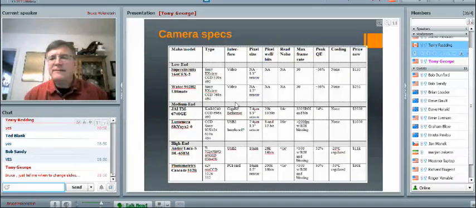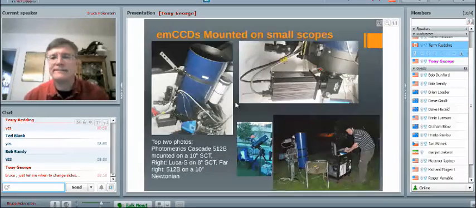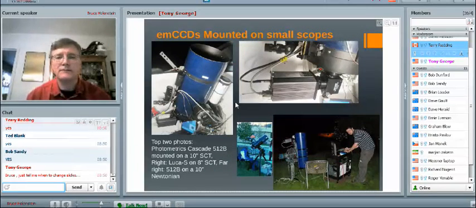The next slide. So you're probably wondering, how would we mount a big camera like that on a small scope? And here are some pictures showing just that. The top two pictures are the Photometrics Cascade 512B mounted on a 10-inch SCT.